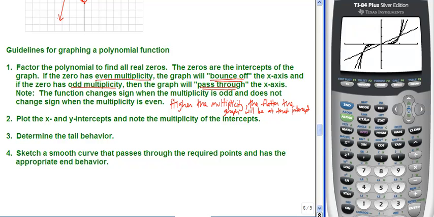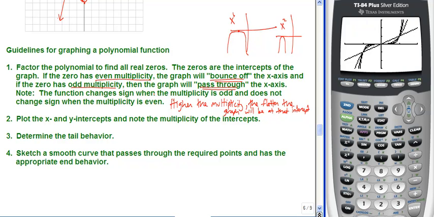So if you have a multiplicity of 6, for example, then that's going to bounce off your graph, but it's going to do it very flat like that, as opposed to if you had multiplicity of 2, then it might just turn around really quickly. Okay? So this might be degree 6 versus degree 2.